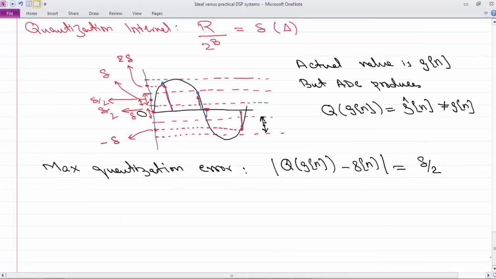So how can you make this smaller? One of the lessons of this discussion is that digital systems lose information in multiple ways, and one of the basic ways is this quantization.